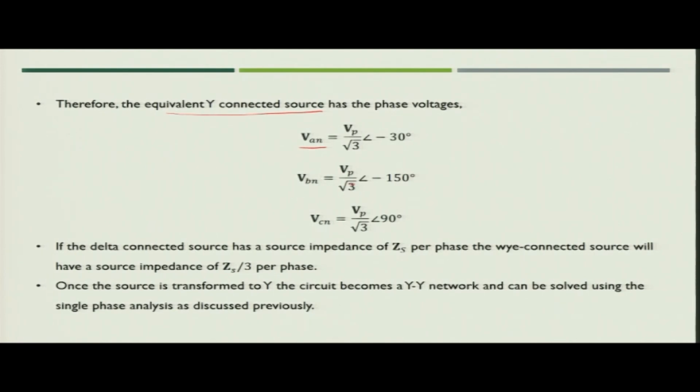Similarly, VBN is VP by root 3 angle minus 150, and VCN is VP by root 3 angle 90 degree. If the delta connected source has some source impedance Zs, you can apply the star-delta transformation to find the per phase source impedance for the equivalent star connected source, which becomes Zs by 3, as we saw when doing the star-delta transformation. Once the source is transformed into Y, the circuit becomes a YY network, which can be easily solved using single phase analysis, which we have already discussed.